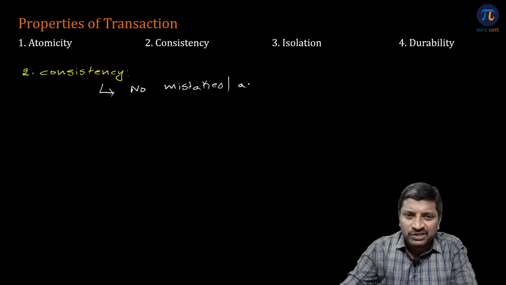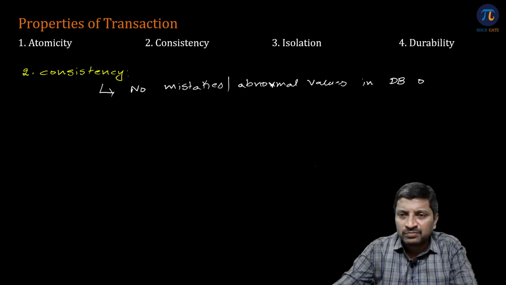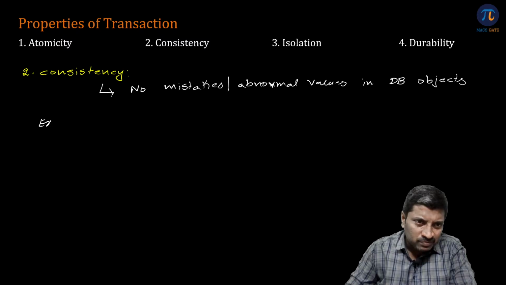Instead of mistakes, you can say no abnormal values or unexpected values. No abnormal values in database objects. What does it mean? Let me give a small example.